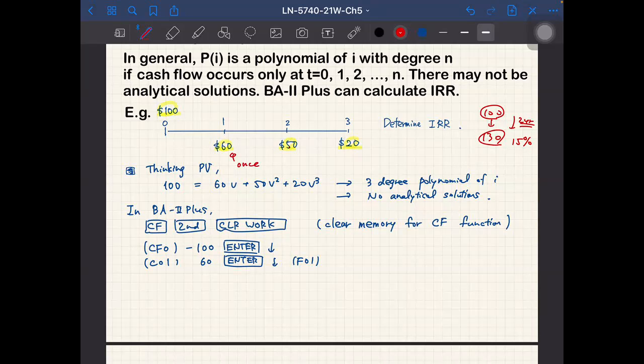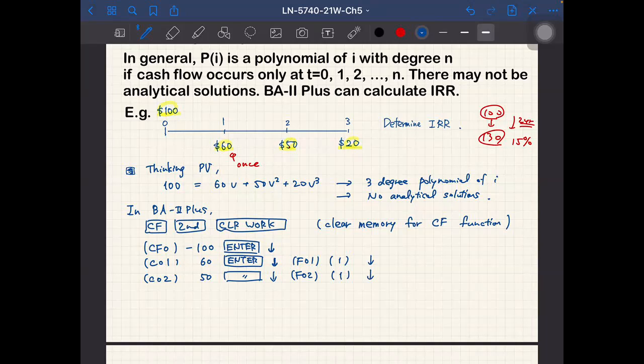So the default value is 1, so you don't really have to put anything. Then go down again. The second cash flow is $50. So input 50, then enter, then go down. The down arrow is also in the top row, the second one from the right. And the $50 occurs only once, so we just go down again.